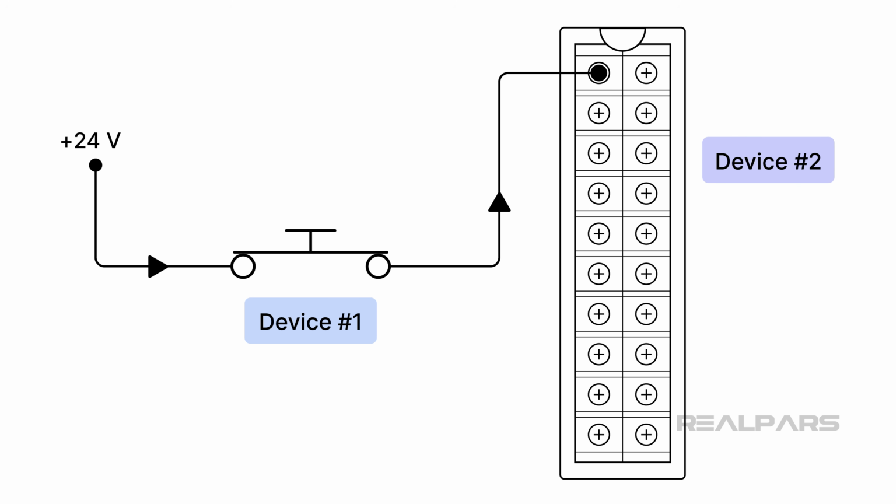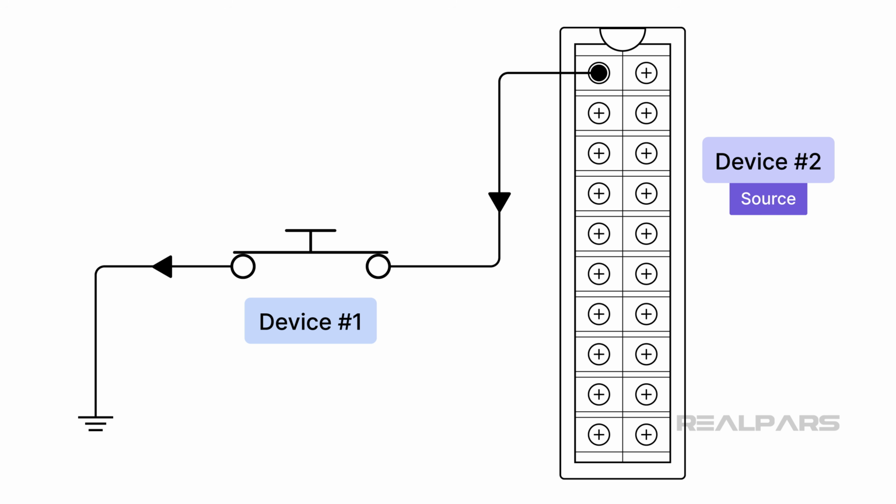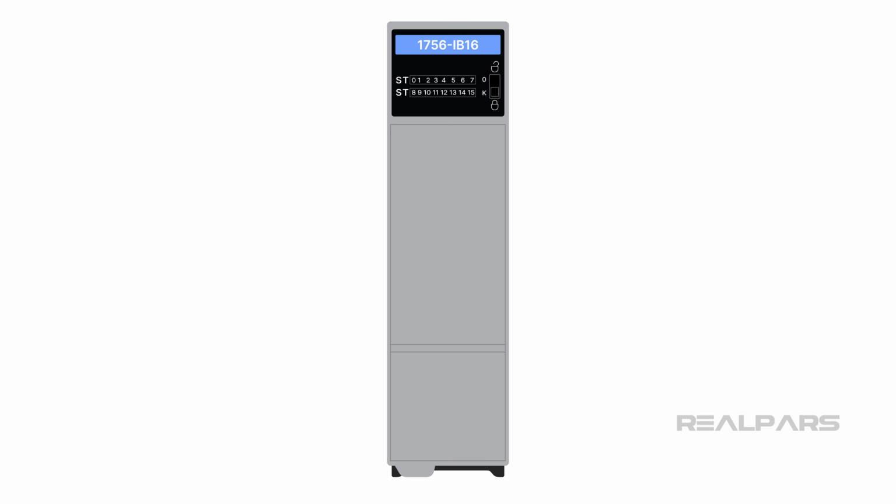If current flows from the switch to the input module, then the switch is the source and the input module is the sink. If current flows from the input module to the switch, then the input module is the source and the switch is the sink. PLC vendors offer both sinking and sourcing input modules.